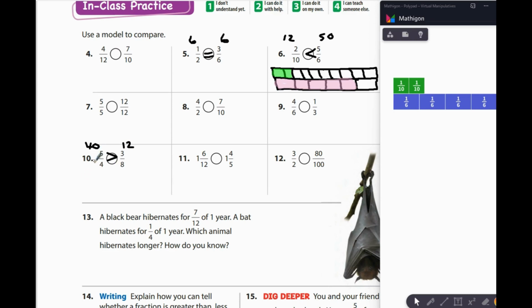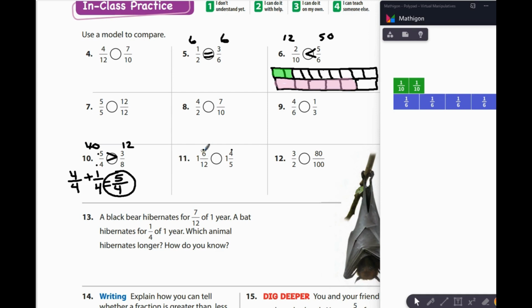This is 5/4. I know that 1 whole is 4/4. This is plus 1 more fourth, which gives me 5/4. So what does that tell you? It's more than a whole. It's greater than a whole. That's why it's greater.